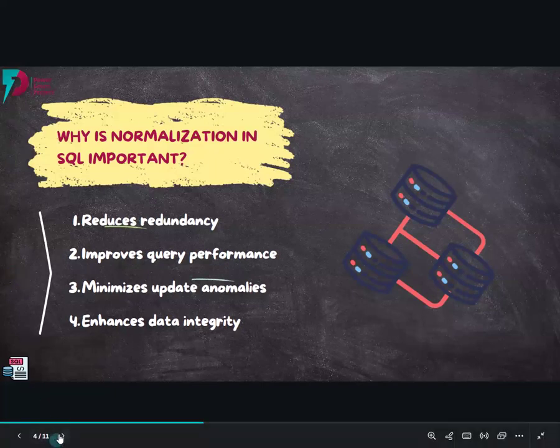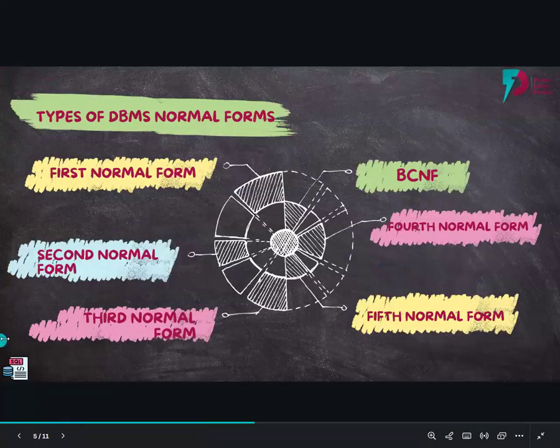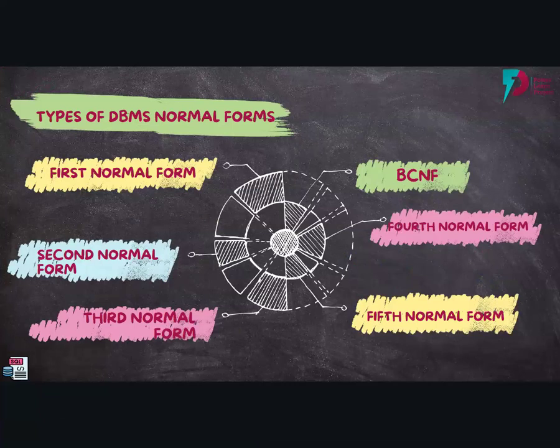We also covered the different types of DBMS normal forms. We covered the first normal form, the level that ensures that each column in your data contains only atomic values. That's the first normal form.